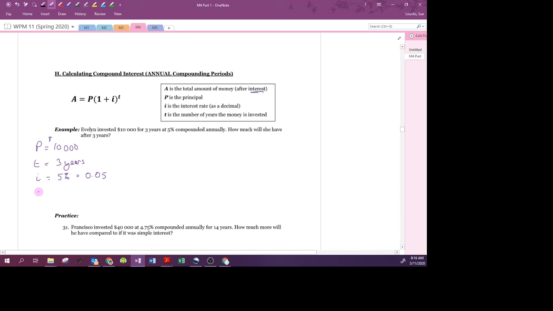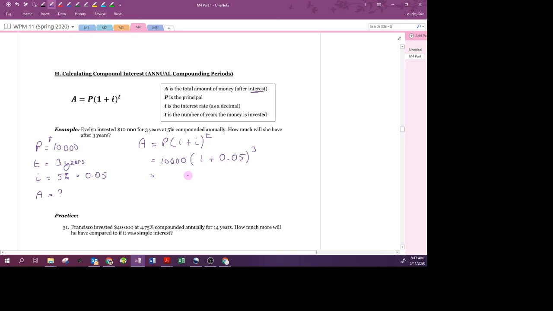And we are looking for the amount that she's going to have at the end of that time period. So amount is P times (1 plus I) to the T. So that's 10,000 times (1 plus 0.05) to the power of 3.